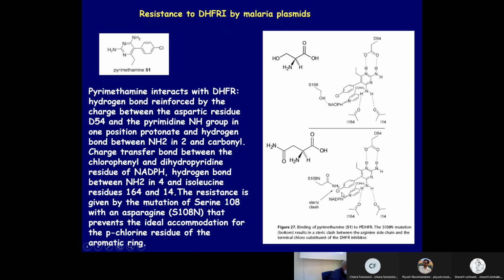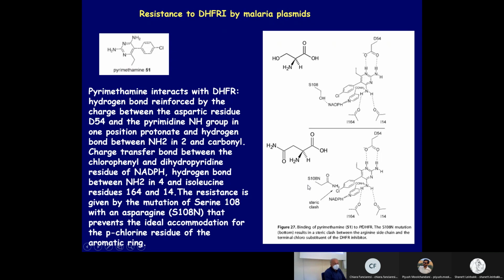You see here the chlorine atom is very close with the amido group of the asparagine 108N.